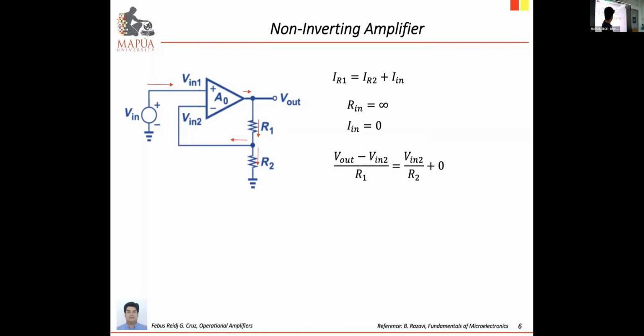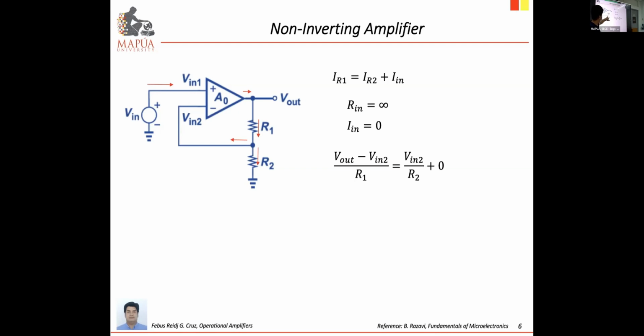Then for the current along R1, we apply Ohm's law. Current is voltage divided by resistance. So for the current along R1, the node voltage here minus the node voltage at this point, divided by resistance R1. The voltage here is V out.